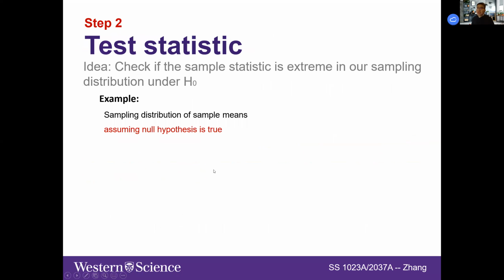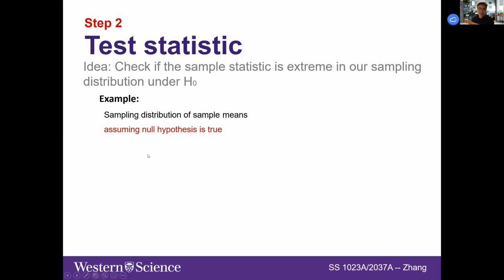So the idea of the hypothesis testing is that based on our null hypothesis, we want to see whether our data support our hypothesis or not. So in order to look at the results, we need to find the sampling distribution of our sample mean.